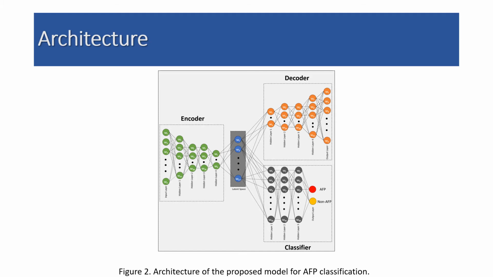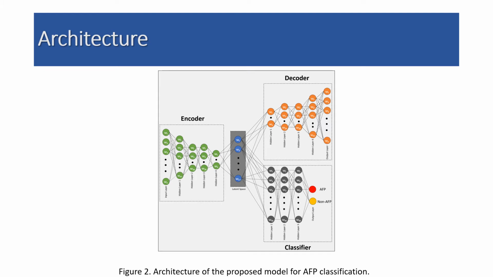The architecture is composed of 3 sections: an encoder with some hidden layers, a latent space, and a decoder that regenerates the input from the latent space variables. The latent space here serves as an input for the classifier as well. The classifier, as you can see, is a fully connected 4-layered multi-layer perceptron, and it is tuned to perform the prediction task.